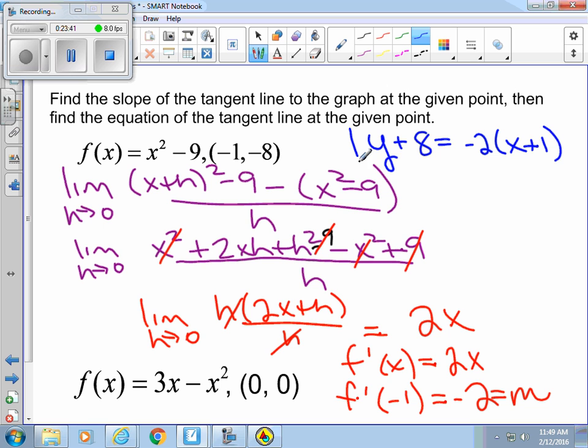Point slope. The wonderful thing about calculus is you can leave it like that. I would highly suggest it. So we found a tangent line to that graph. We could graph this in our calculator, and we could graph this line in our calculator, and it would look like a tangent line at the point -1, -8.